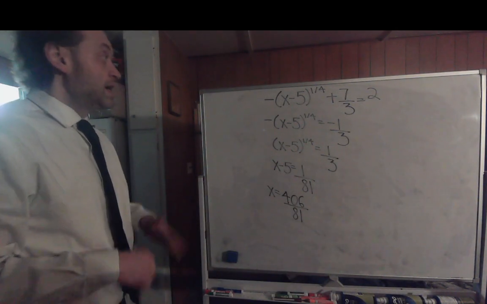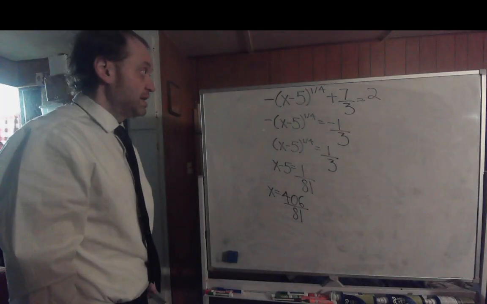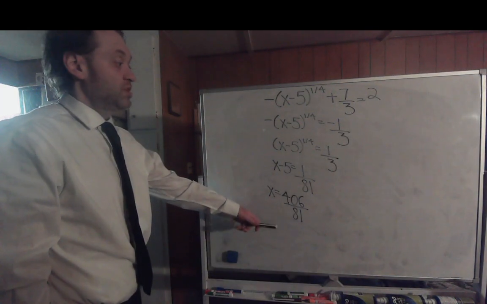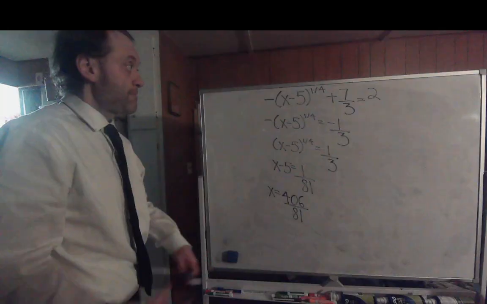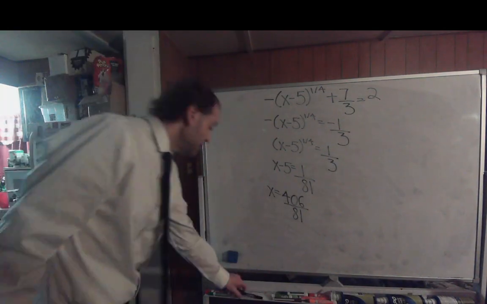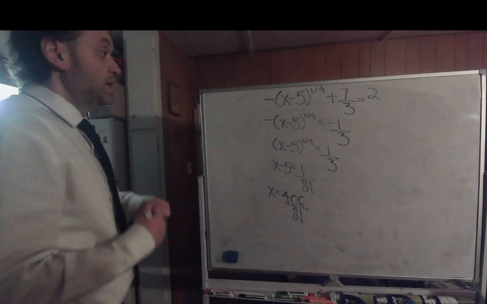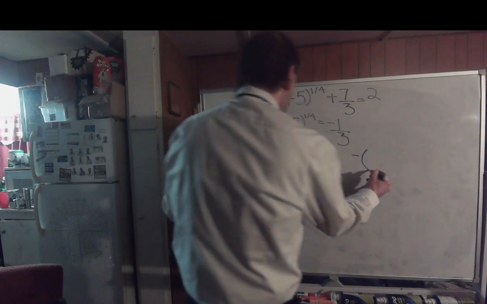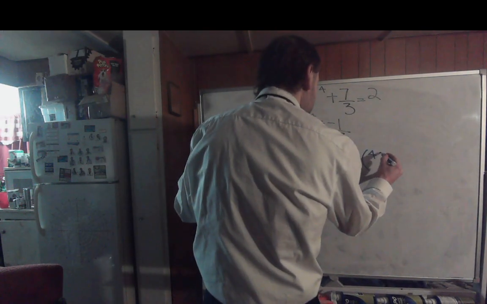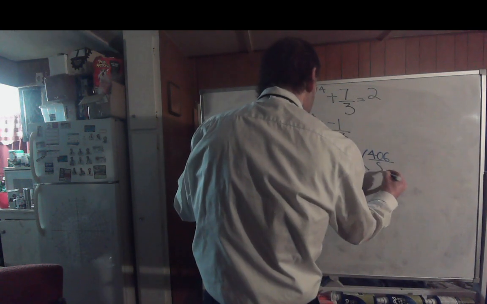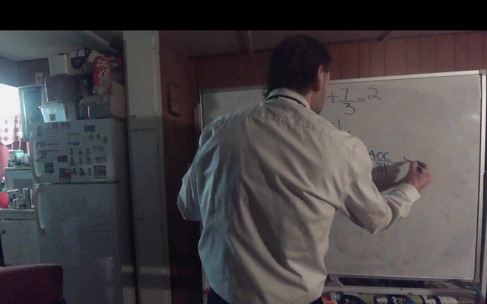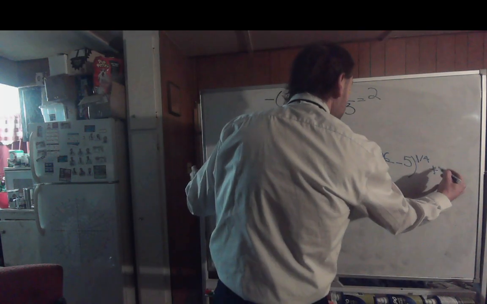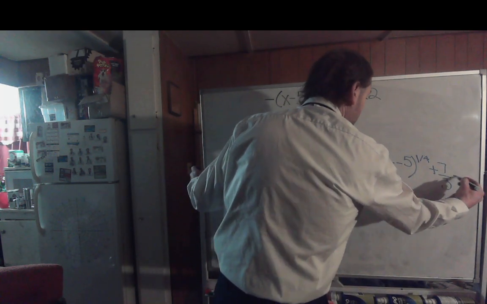So now we have the final task of determining, does this actually line up? Let's go ahead and start putting this in here. So negative of 406/81 minus 5 to the 1/4 plus 7/3 equal to 2.